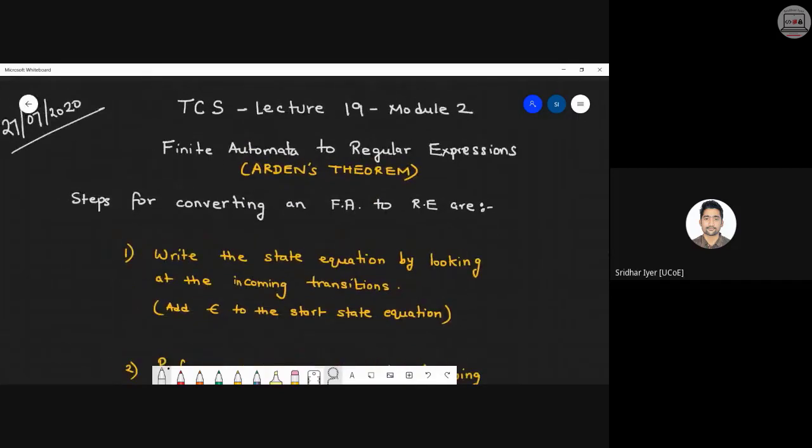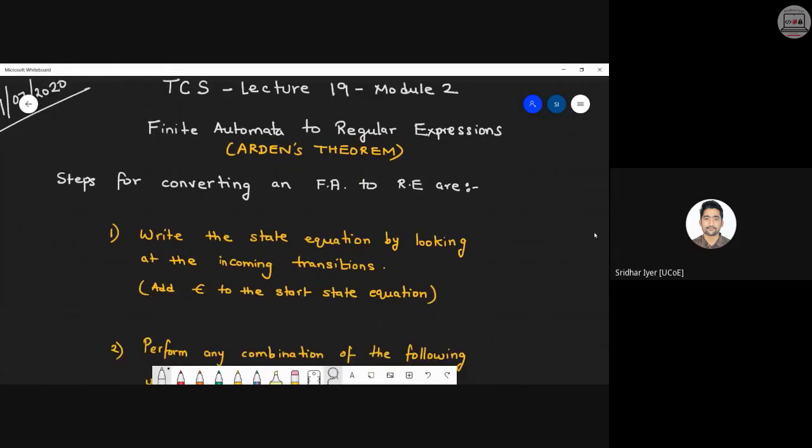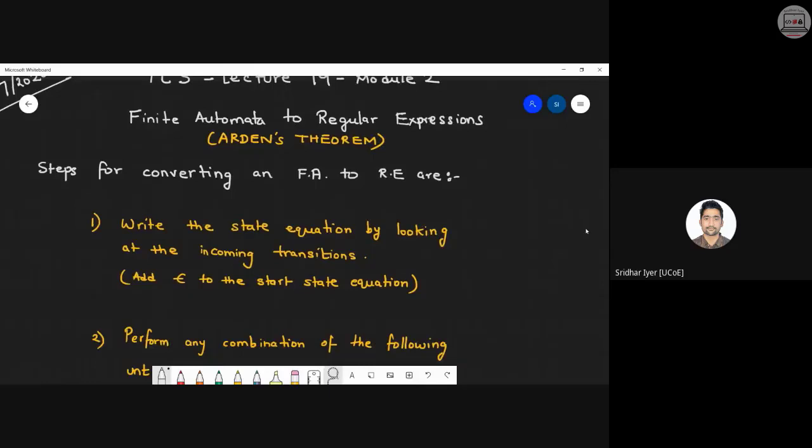Okay, so have a look what exactly we need to do. These are the following steps which we should follow. First of all, step number one is we need to write the state equation. Look at every state first. Have a look at every state of the diagram. Write the state equation by looking at the incoming transitions. I will show you an example. First of all, just try to read what exactly I have written over here.